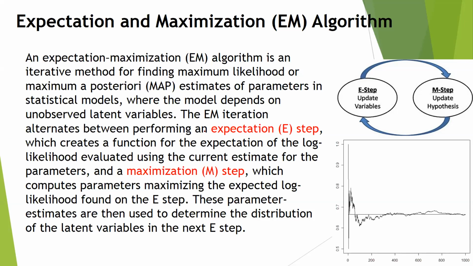One is called the expectation step, and the other is the maximization step. These two steps alternate with each other. The program needs to run many times until it converges to some point. When the program converges, you can get your solution for R hat, and you can also get the variance of that estimation. Then you can do your hypothesis test.